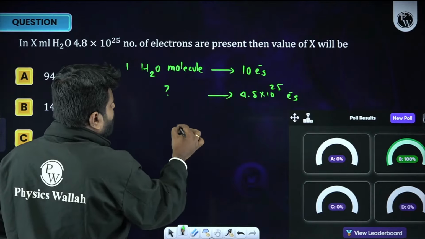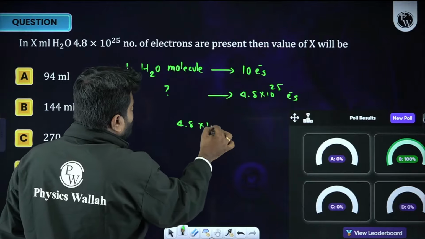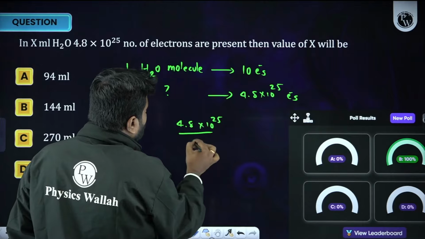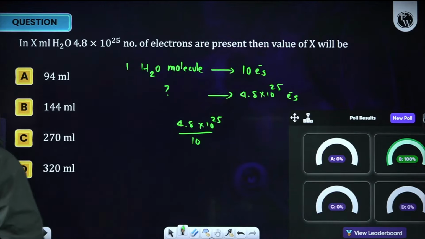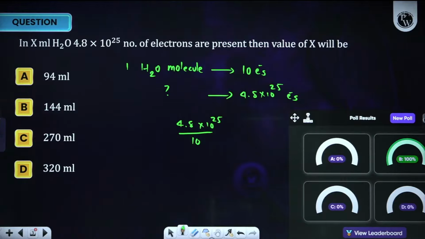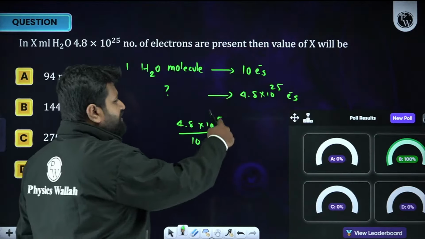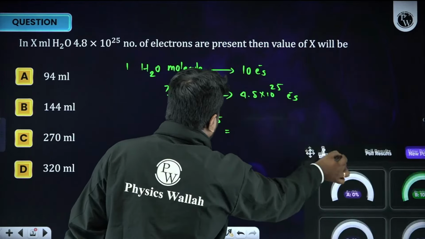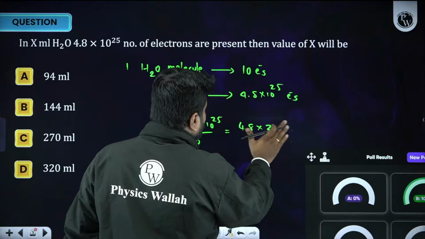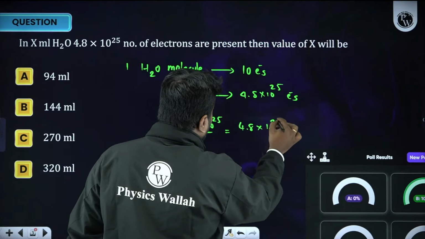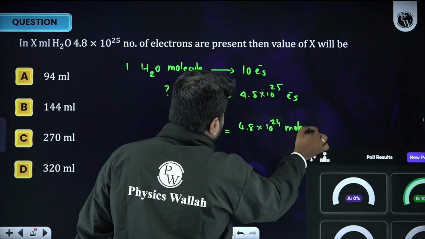So we get 4.8 into 10 to the power 25 upon 10. So this means 4.8 into 10 to the power 24 divided by 10, that is 10 to the power 24 times 4.8 into 10 to the power minus 1. So 10 to the power 24 molecules will be present.